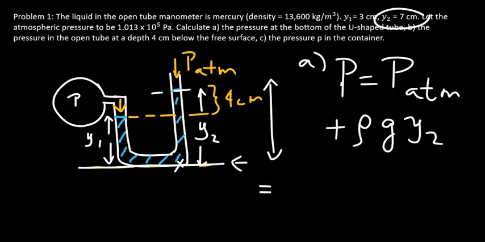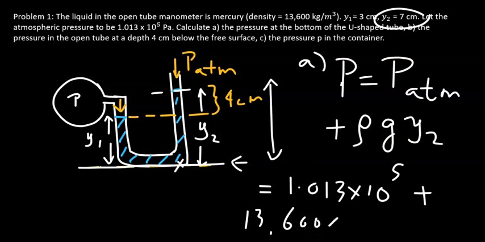Atmospheric pressure is given as 1.013 times 10 to the power 5 Pascal, plus the density of the mercury is 13,600, gravity is 9.81, and Y2 is 7 centimeters, so in meter it will be 0.07.